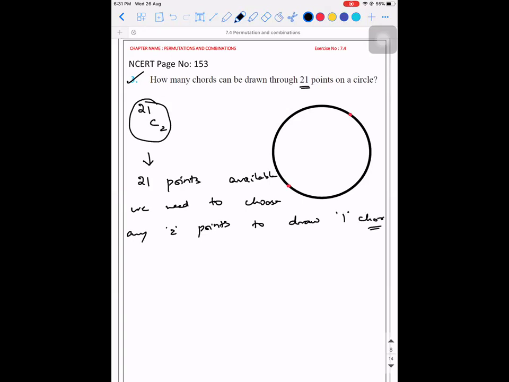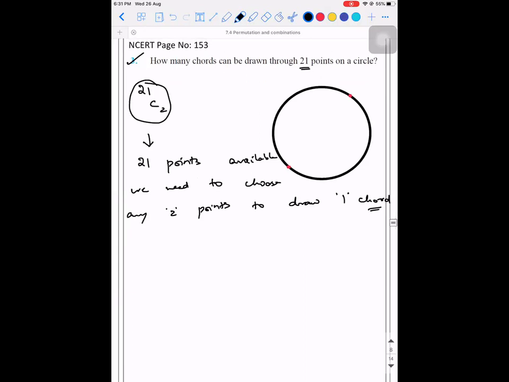So that's why the answer is 21C2. 21C2 is 21 factorial divided by 19 factorial into 2 factorial. So it will be 21 into 20 divided by 2, so it will be 210. So 210 chords are possible for this kind of condition. That's right.